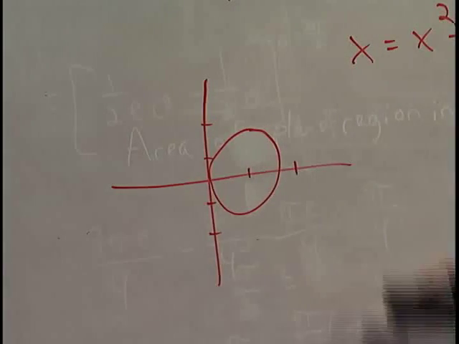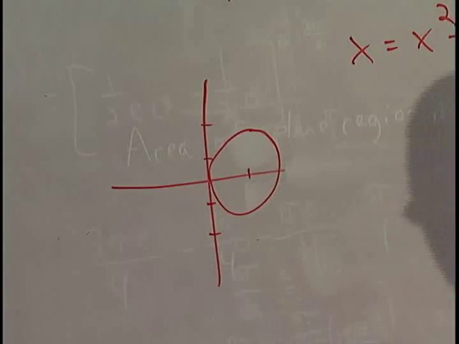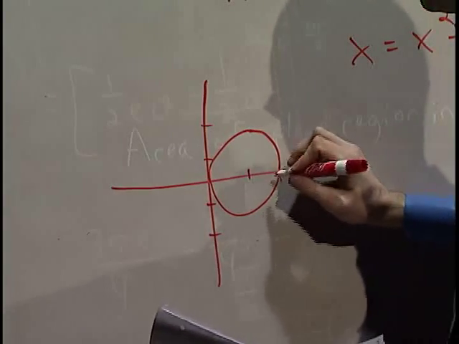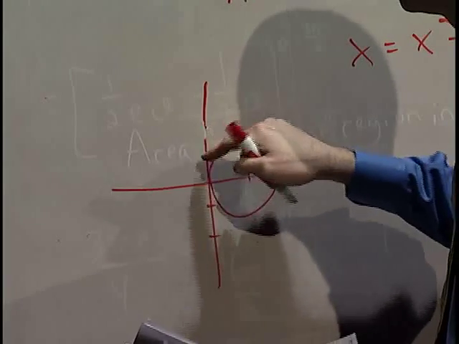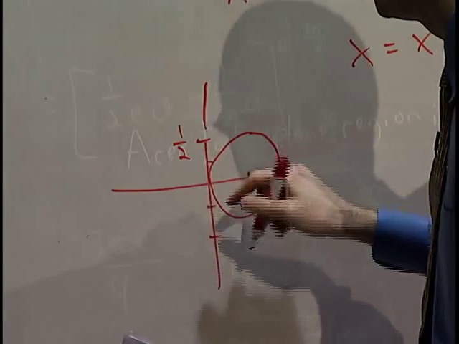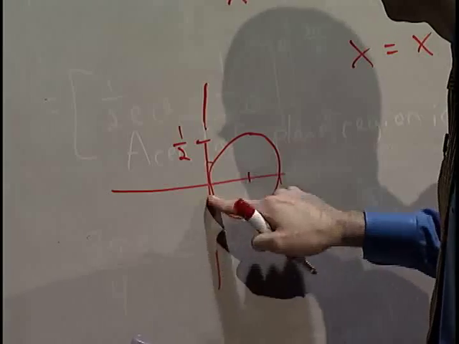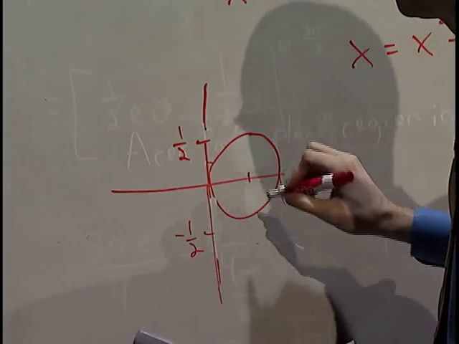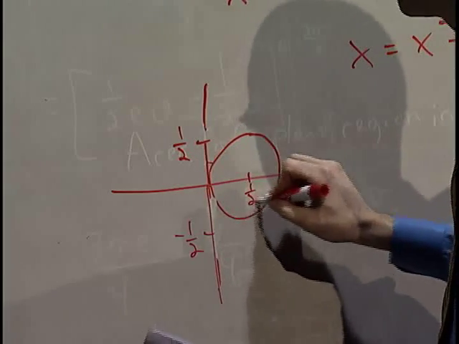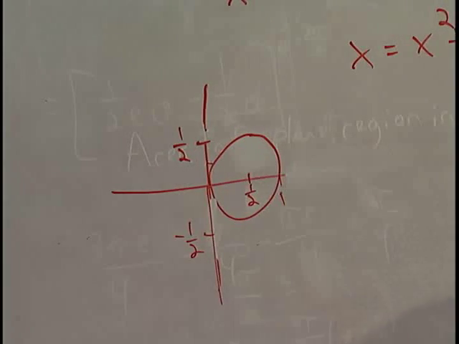Well, not a great looking circle, but it's all right. So now there's 1, that's a 1/2, that's a -1/2, and that's 1, and that's a 1/2 there. So there's your circle.